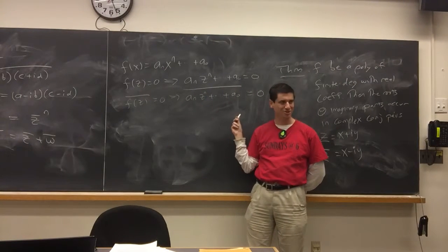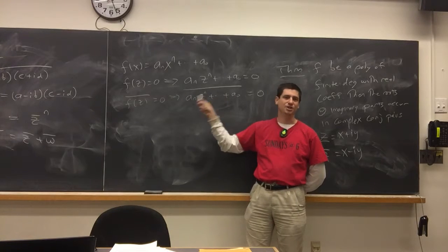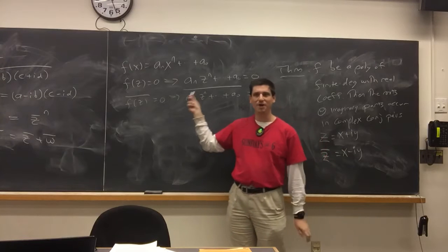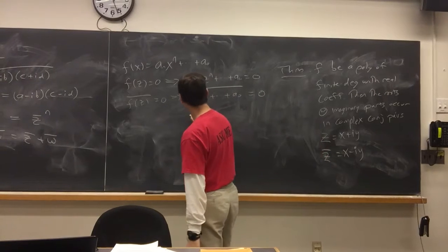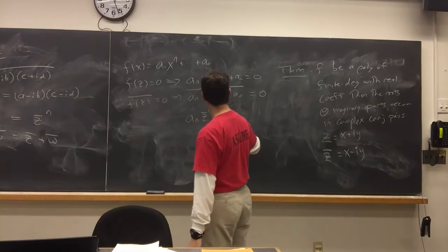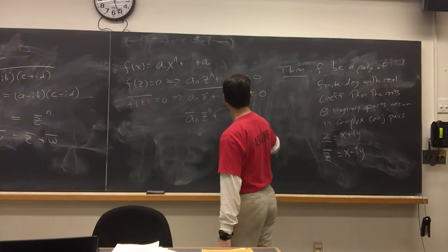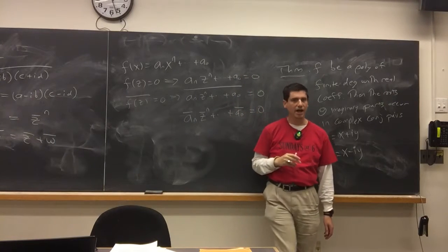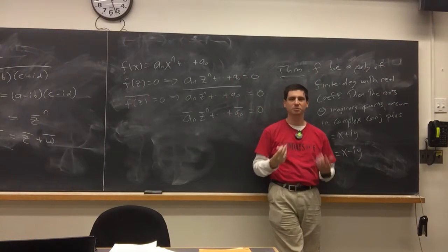Sum of the complex conjugates. What's the complex conjugate of a product? The product of the complex conjugates. What's the complex conjugate of a power? The power of the complex conjugate. So we would get that this is now just an z bar to the n plus dot dot dot plus a0 bar equals 0. At some point, it's nice to use the assumptions of the problem.